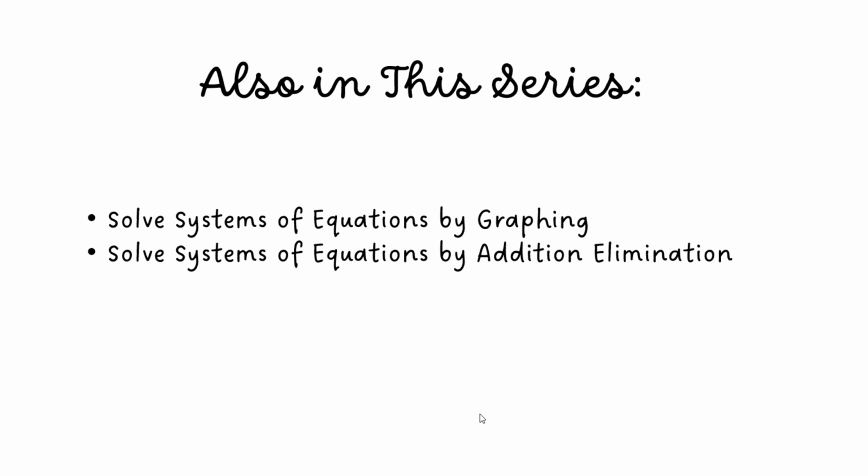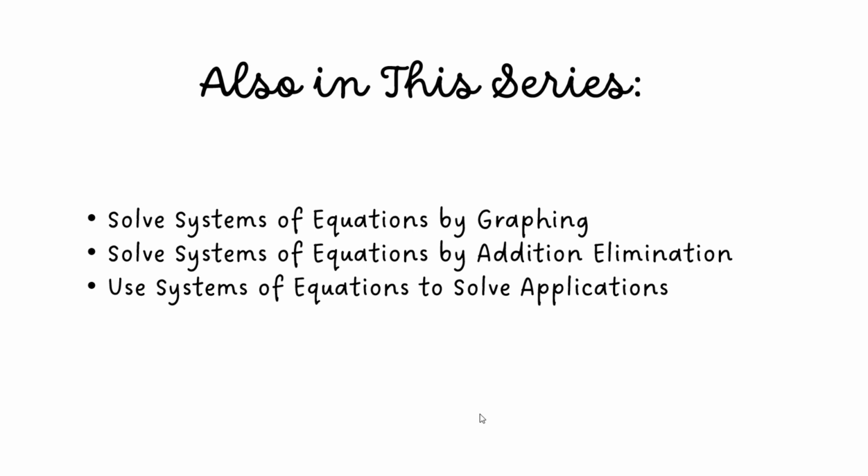That is the second algebraic method that we will be talking about, and also using systems of equations to solve applications. That will be a mixture of the different methods. And really, you could at that point make a choice to use a different method than I am using, and that would be just fine as long as you're getting the same answer.